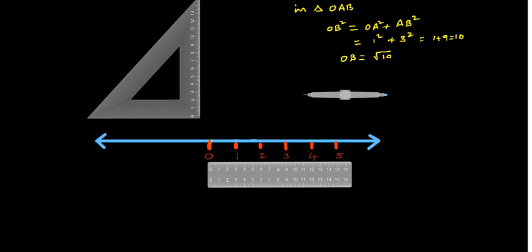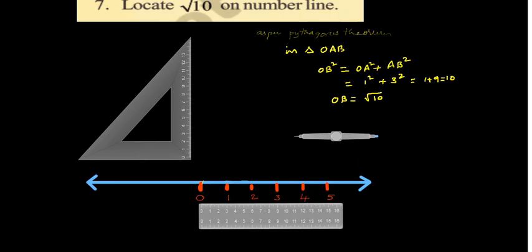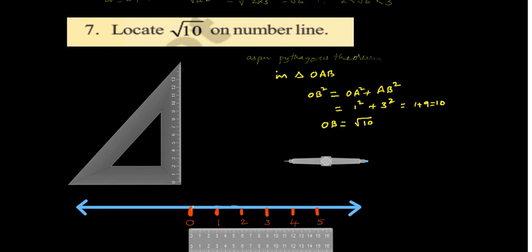After that, you may observe the Pythagoras theorem by which we get root 10. Otherwise, you may look here. Already I wrote triangle OAB, which is a right angle triangle.